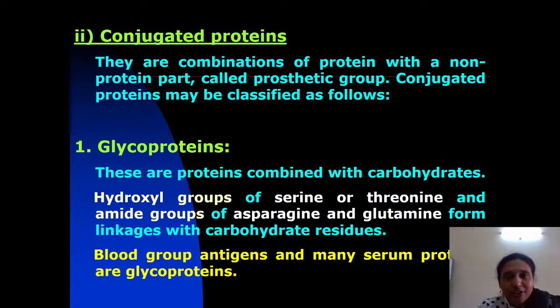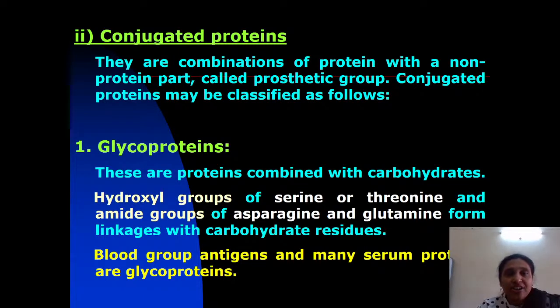I think you understood the difference between glycoprotein and proteoglycans. Both are conjugated proteins only, both made up of carbohydrate in combination with protein. But how do you differentiate them? Based on the carbohydrate content.